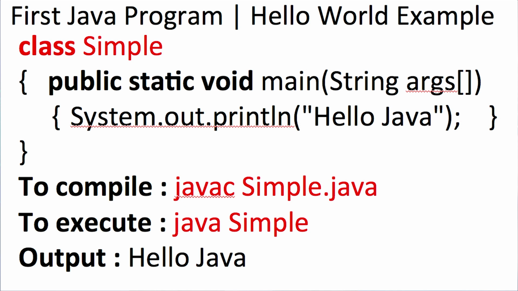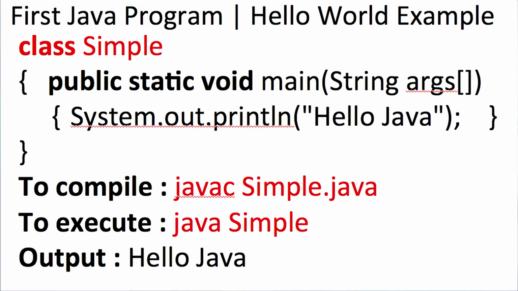Javac means Java compile, where C stands for compilation of the Simple.java program. To execute this program after compilation, Simple.java will be converted into Simple.class, and after converting the Java source code into a class file, we execute it by java Simple.